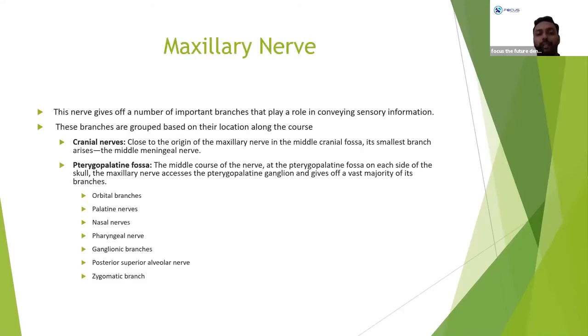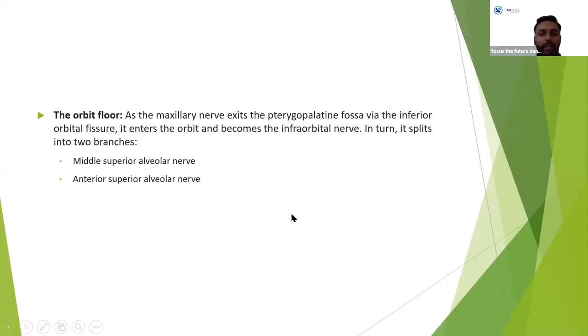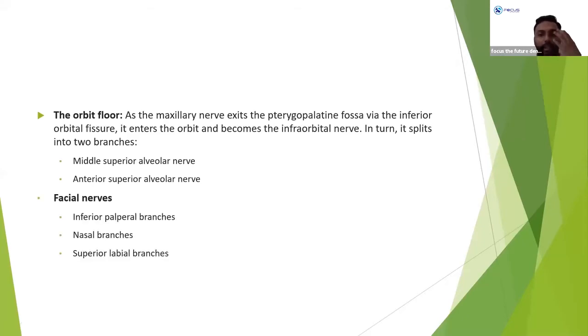So what are they telling here? They have grouped the branches by the location through which it is passing. First the cranial nerves, then the pterygopalatine fossa, then the orbital floor, then the facial nerves in the face.